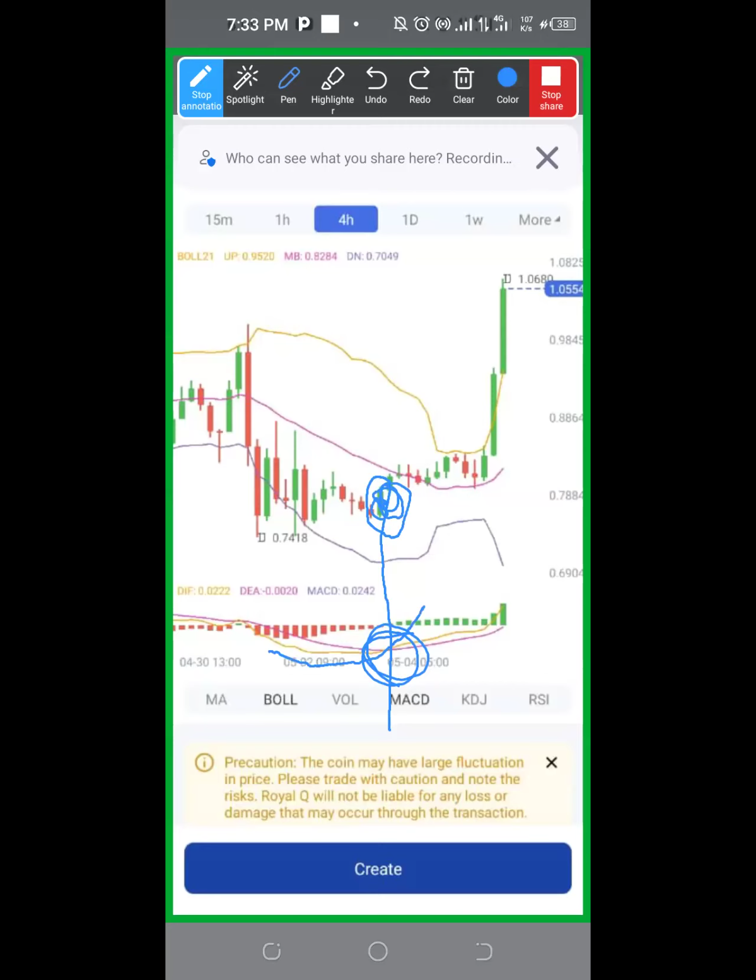And if you draw a line up and you see a bullish engulfing, and a green candle that surpasses the previous red candle, that is a good sign to enter this coin. This coin is going to do a minimum of 10% or more.